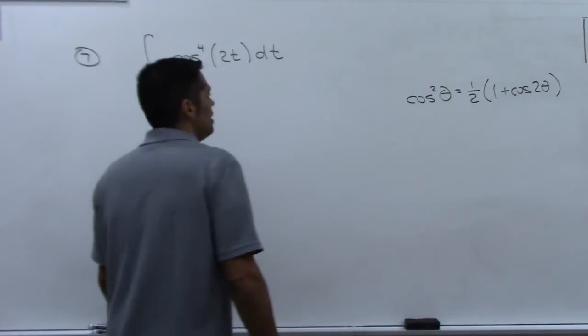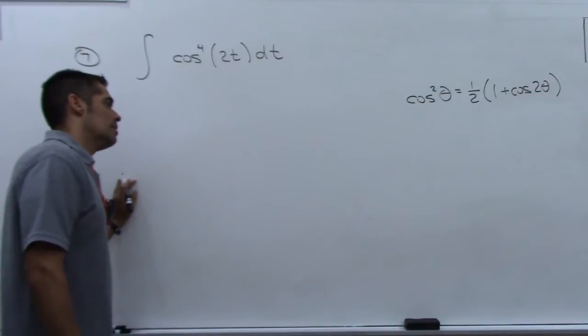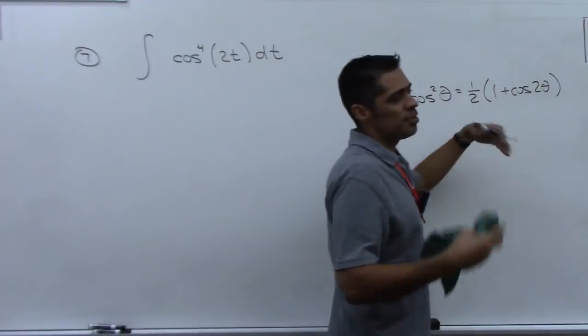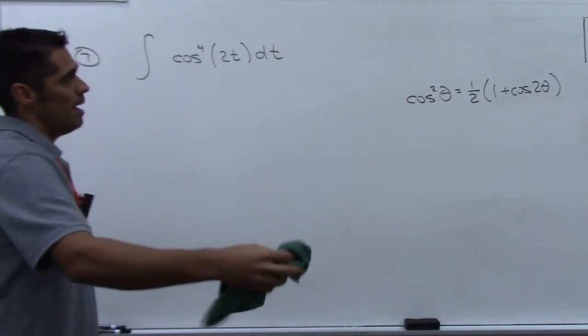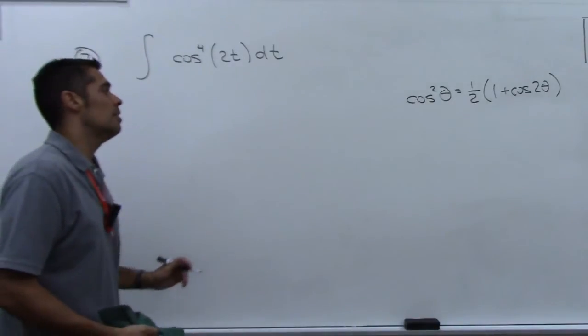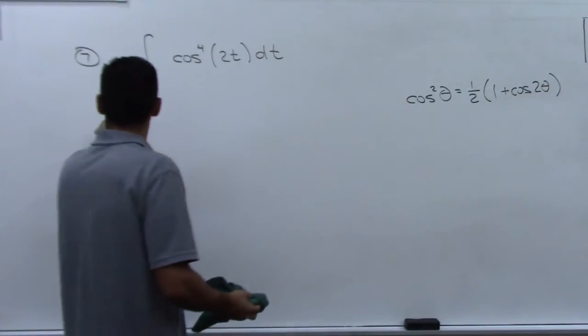Since I have a 4th power, I'm going to wind up getting this thing squared, which is going to give me another cosine squared at some point, which means I'm going to have to use the power-reducing formula again. So I already know, because this is to the 4th power, I'm going to wind up using that formula twice. So let me show you.